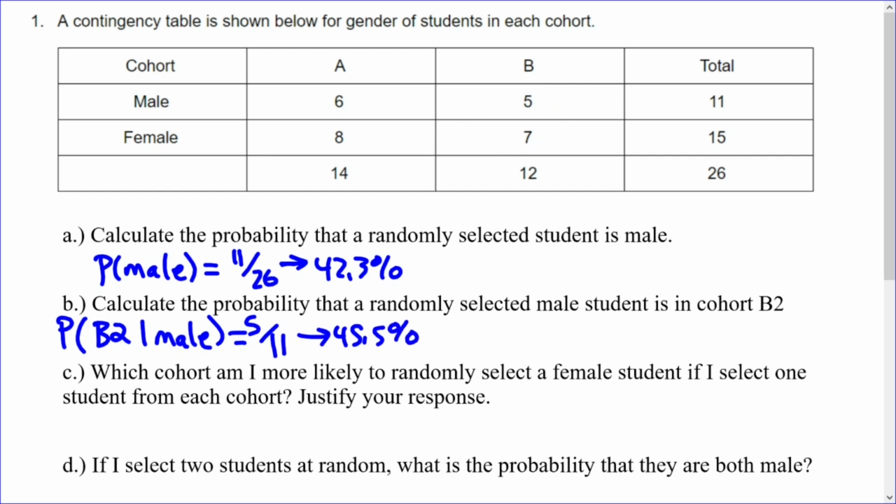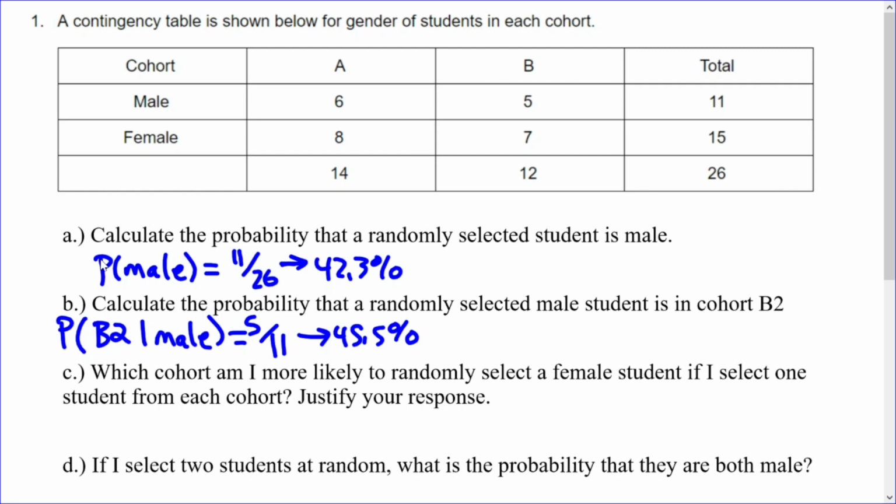Next up, question C. Which cohort am I more likely to randomly select a female student from, if I select one student from each cohort? So what we are going to do is figure out the probability of a student being female for each given cohort.